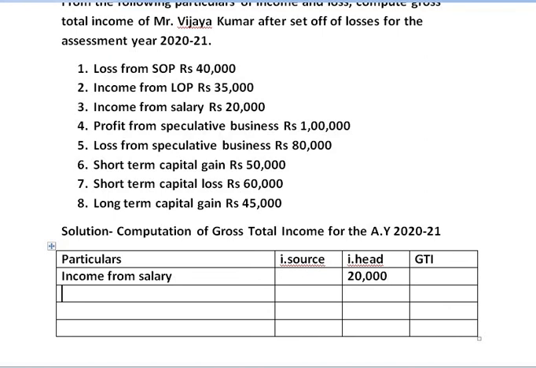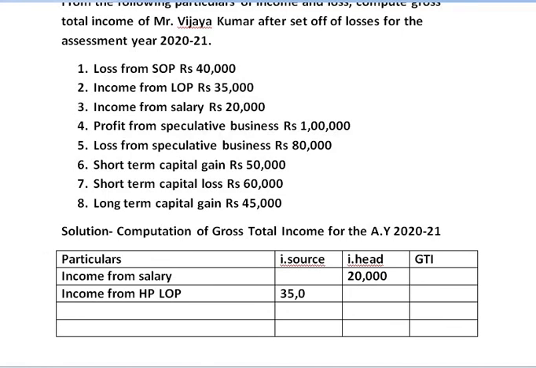Coming to the next, first we are provided loss from house property, then income from salary, but always while solving we should take income from house property first. So income from house property, that is let-out property, is rupees 35,000.